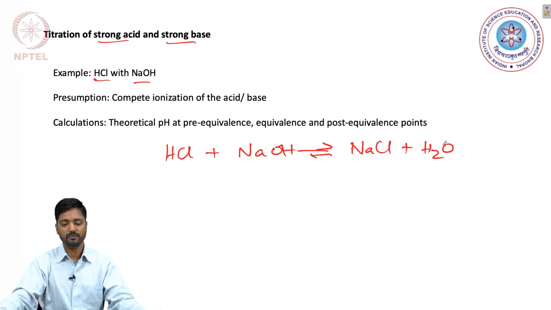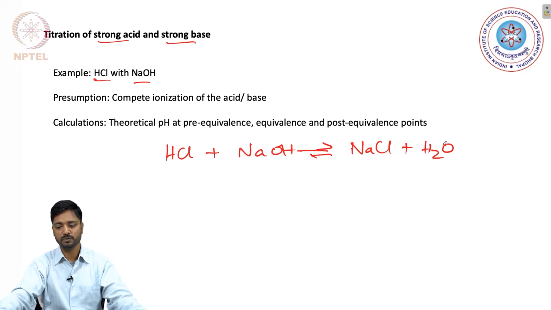So, we have stoichiometric formation of sodium chloride in the reaction between the hydrochloric acid and sodium hydroxide.